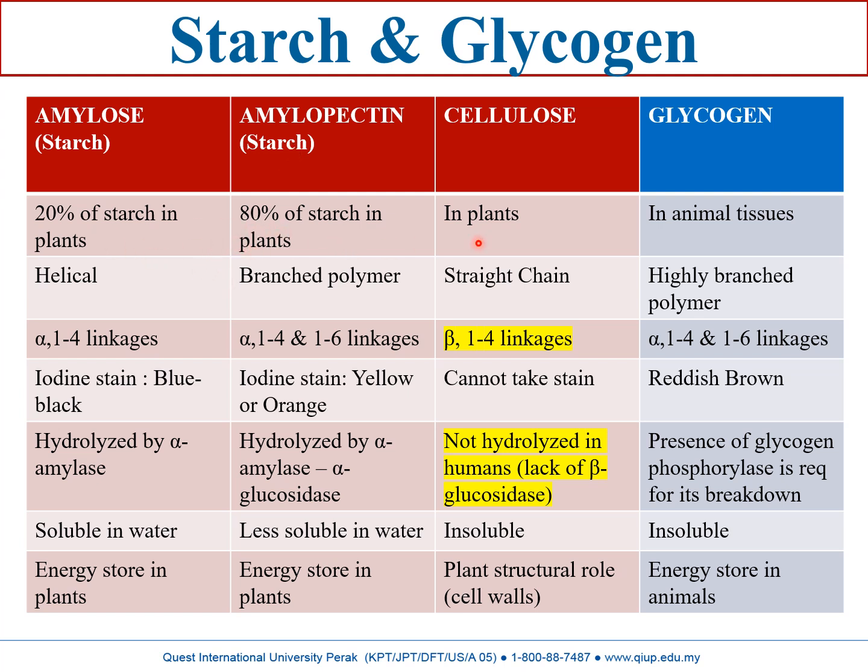And then you have the other member of polysaccharide, which is cellulose, also found in plants, but starch will have 1,4 linkages as well as 1,6 branching linkages, while cellulose will just have beta 1,4 linkages.